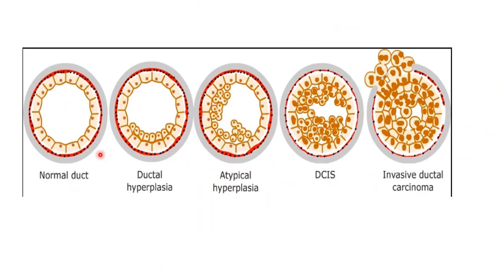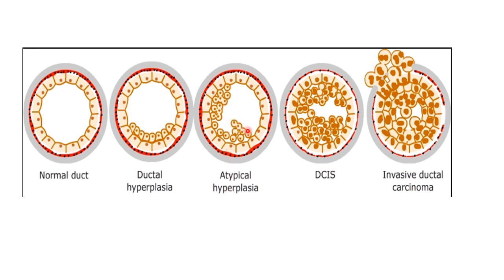This is a very nice slide that will show you that it is not a separate process, and it might be a progression from one stage into another. Here we have, as we said, the normal duct, which contains a single epithelial layer and a basement membrane. If we have an increase in the layers of the epithelia, we call it ductal hyperplasia, which means an increase in the number of the epithelial cells, but it has the same characteristic or same arrangement of epithelial cells within the duct.